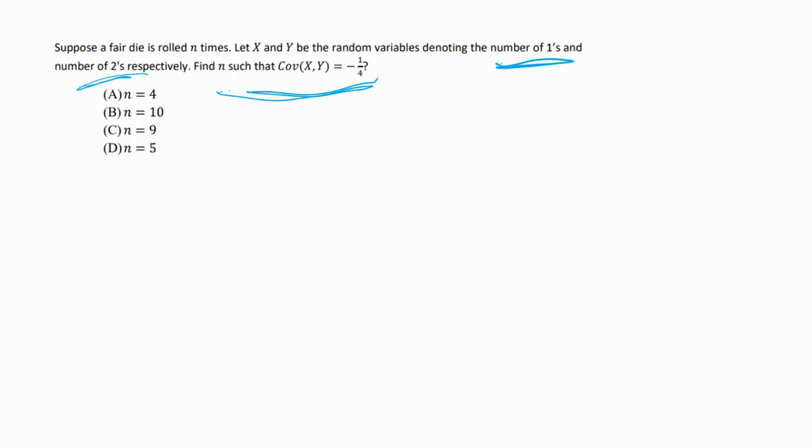So now when x and y denote the number of ones and twos, when 1 is coming, 2 cannot come. When 2 is coming, 1 cannot come.